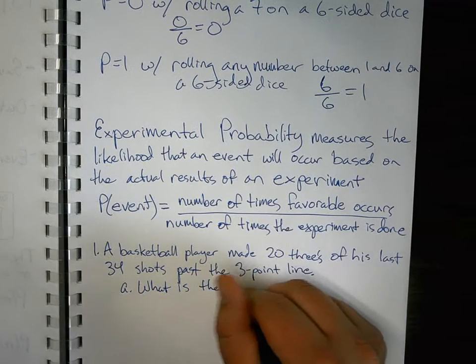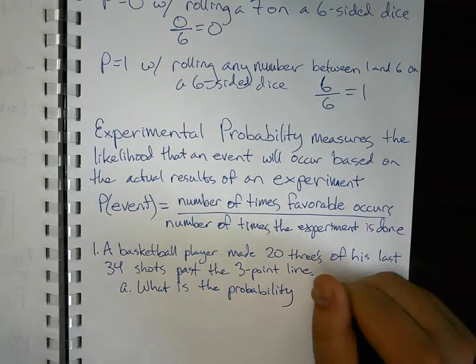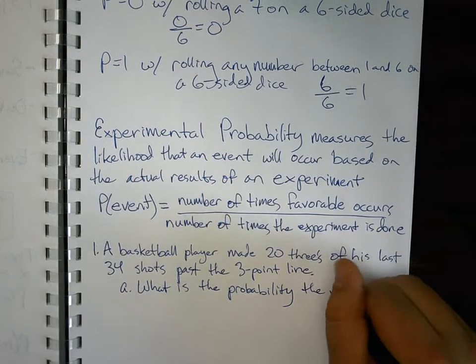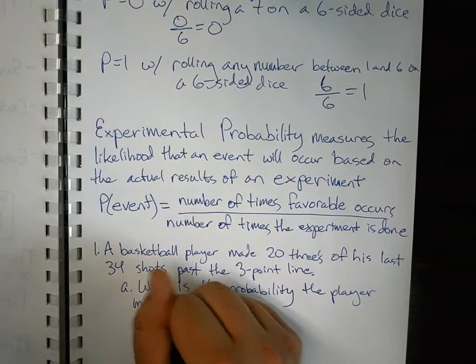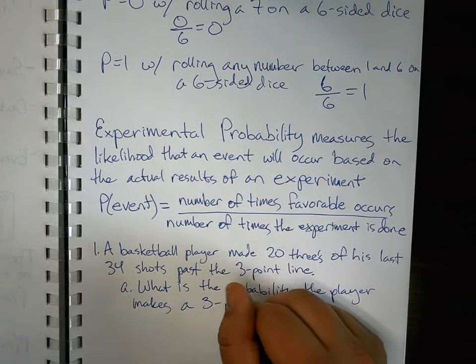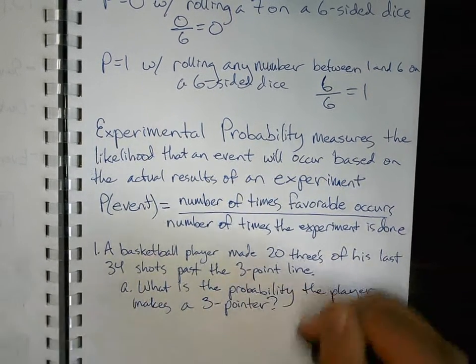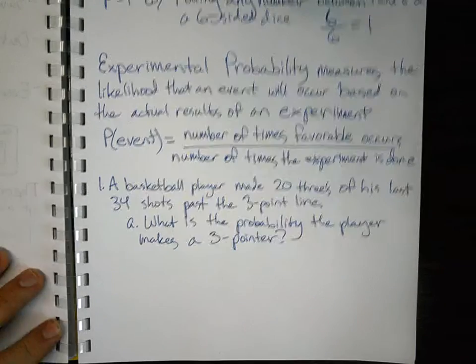is the probability the player makes a 3-pointer? All right, so just what's the probability? So how would we set this up?